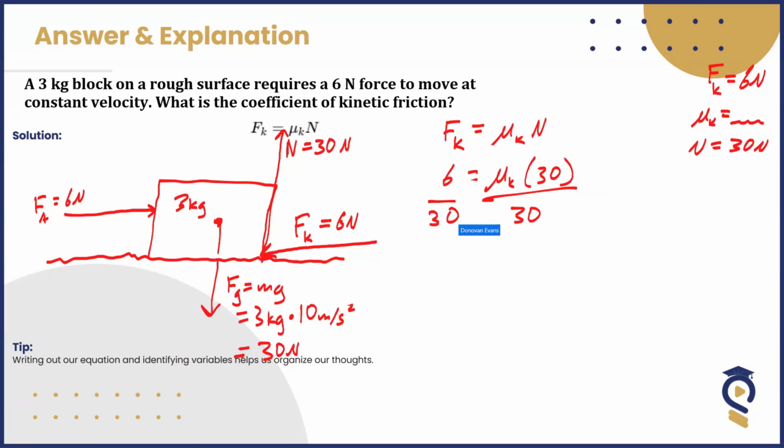All right. And so hopefully we're recognizing that that simplifies to 1 over 5, and 1 over 5 simplifies to 0.2. So this would be our answer for this problem, and that would be it.